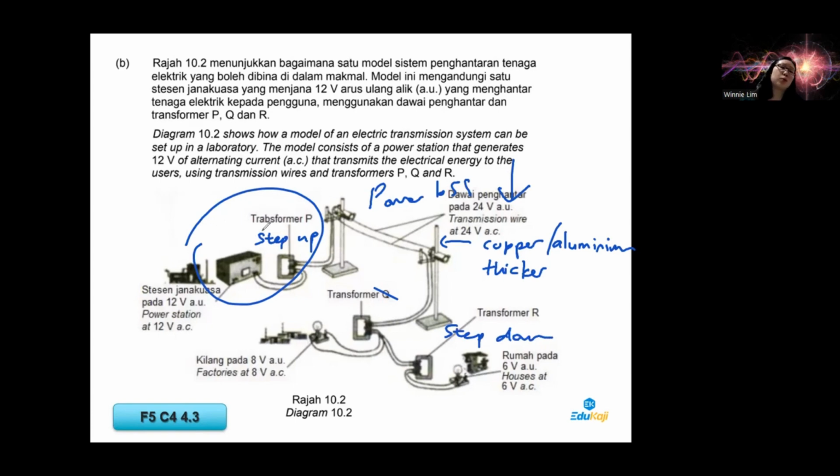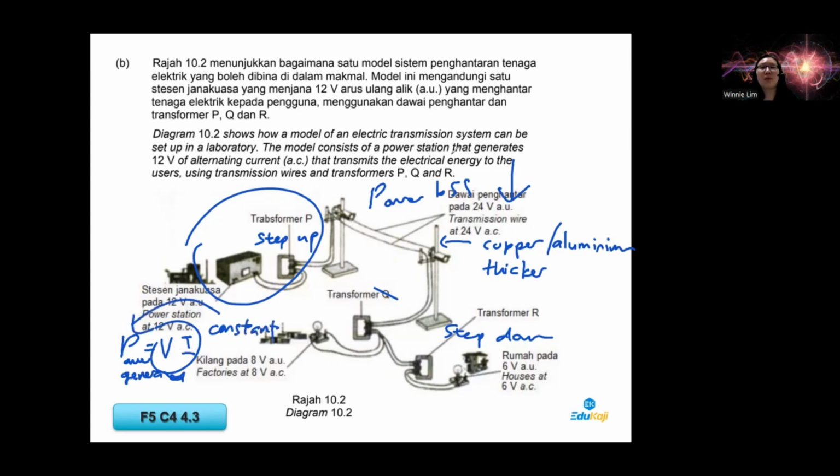So what is the purpose of stepping up the voltage? When you generate the power, I assume the power generated is VI. So basically they are constant, the power generated.